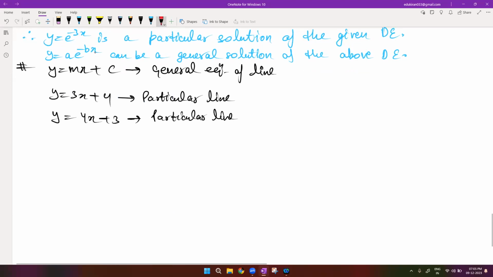But before that, let's first write the general solution and particular solution.